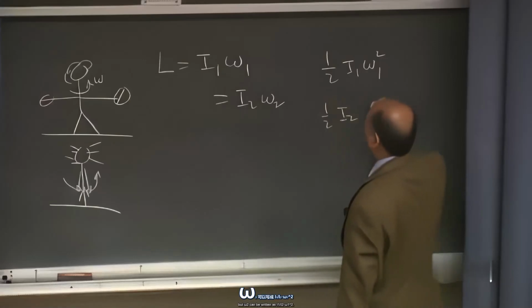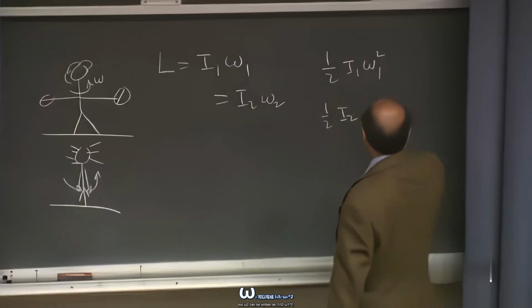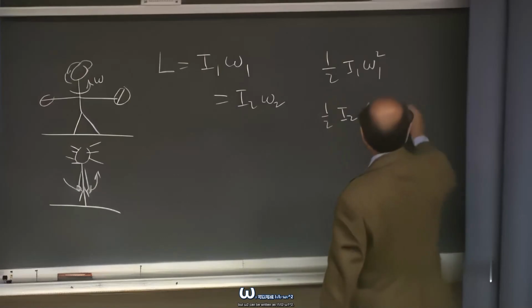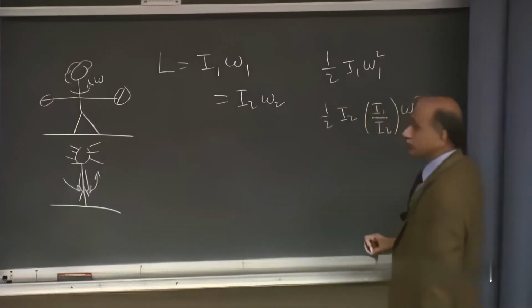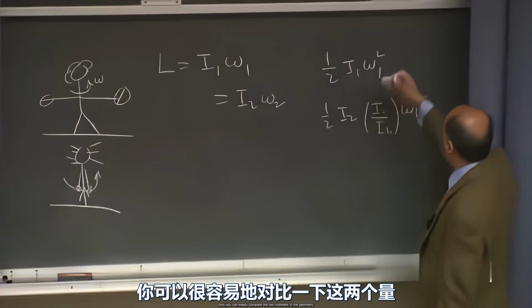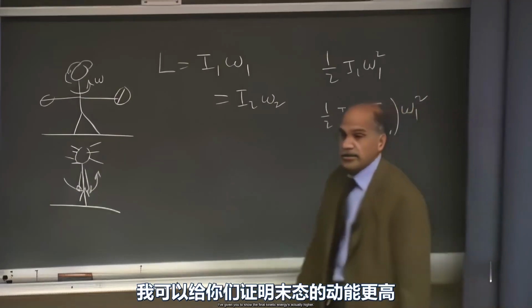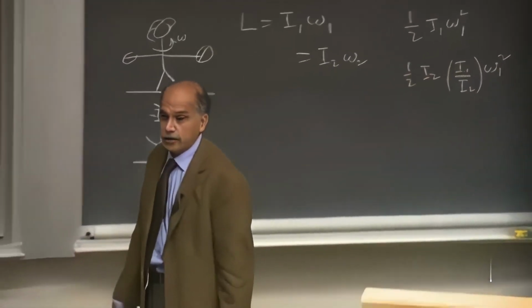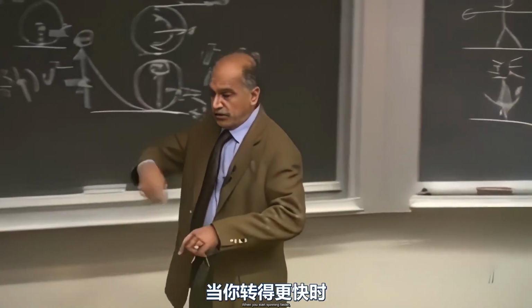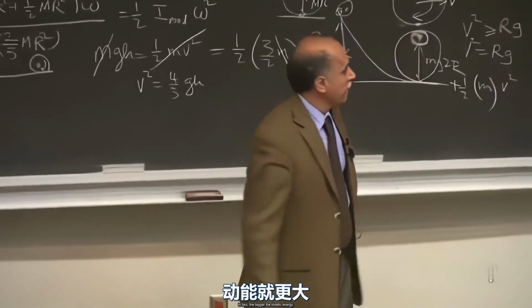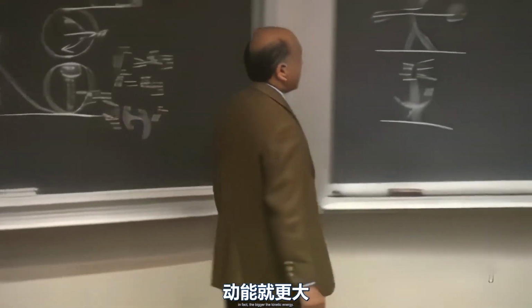But omega 2 can be written as I1 over I2 times omega 1. And you can easily compare the two numbers in the geometry I've given you to show the final kinetic energy is actually higher. When you start spinning faster, you in fact have bigger kinetic energy.